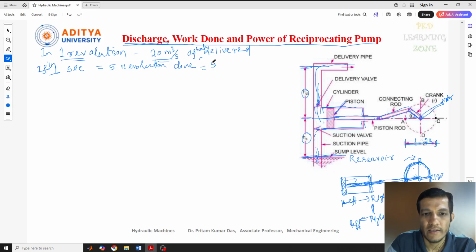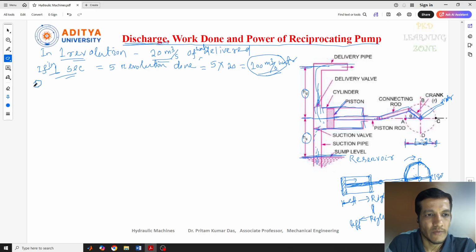You can write 5 revolutions with respect to the volume of water, that is 20. That means in 1 second we can write 100 meter cube of water is delivered. So this much volume, or this much discharge of water, happened from this reciprocating pump with respect to 1 second.